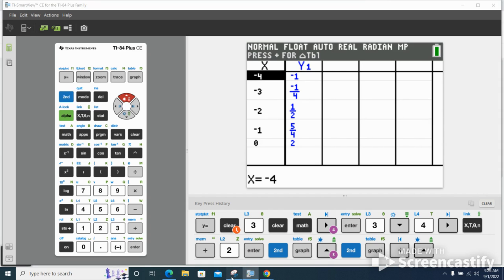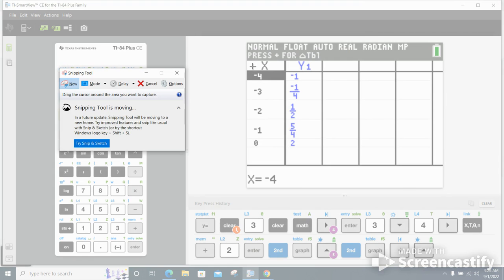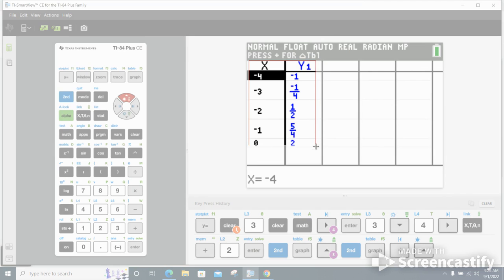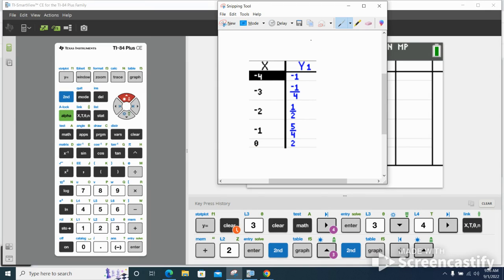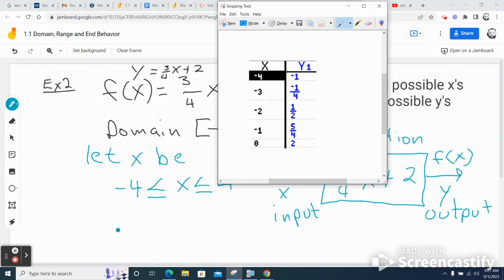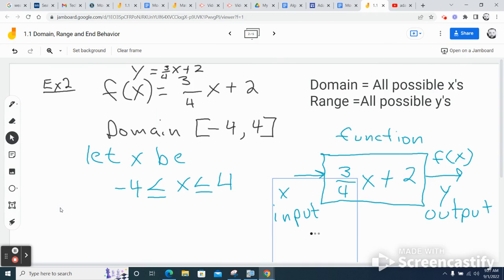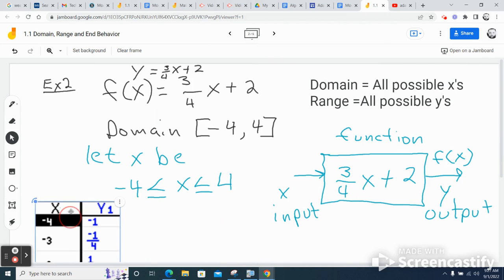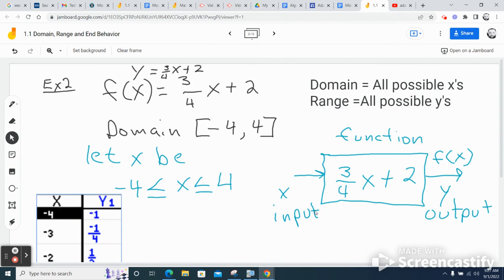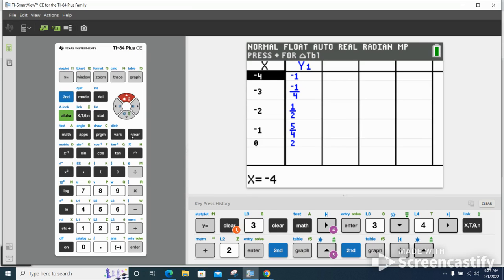I'm going to make you guys write this down, but I'm going to take a screenshot of this. Hold on. Let me do this, and I'll explain what I need you to do.